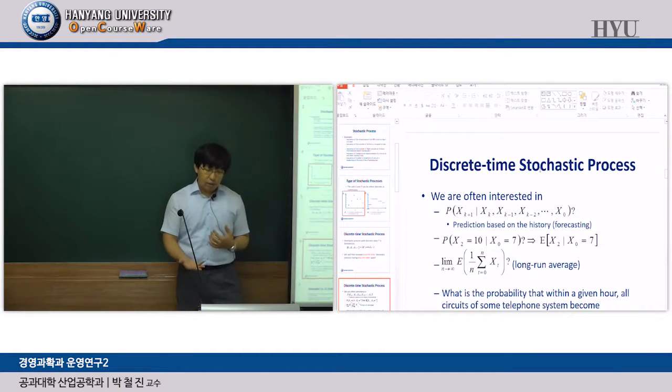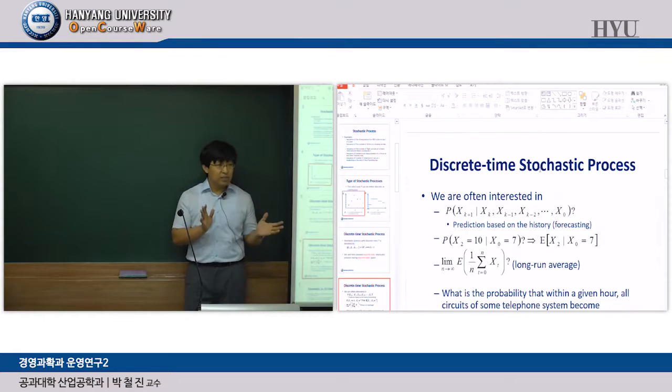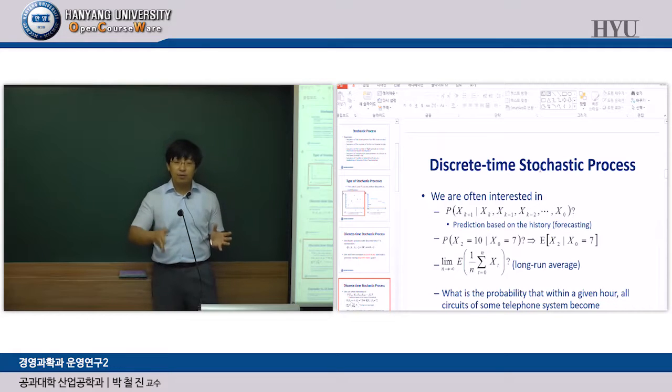We are going to talk about measures such as conditional probability: given that we know present and past information, we want to calculate the probability that the state at the next time equals something.